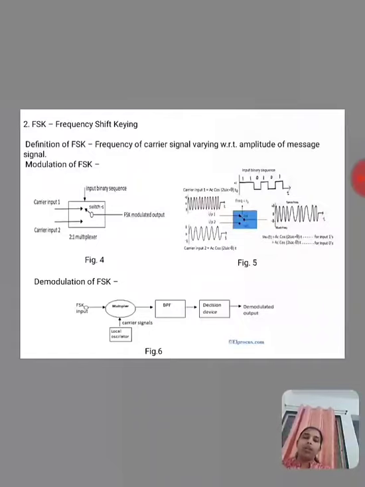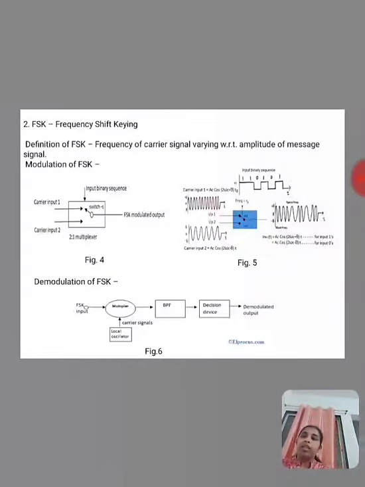The mark frequency represents logic 1 and the space frequency represents logic 0. The only difference between these two carrier signals is that carrier input 1 has a higher frequency than carrier input 2. Means carrier input 1 has a high frequency compared to carrier input 2.